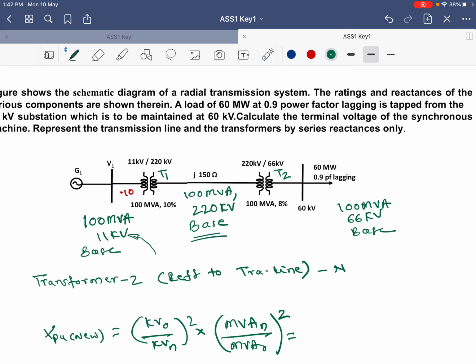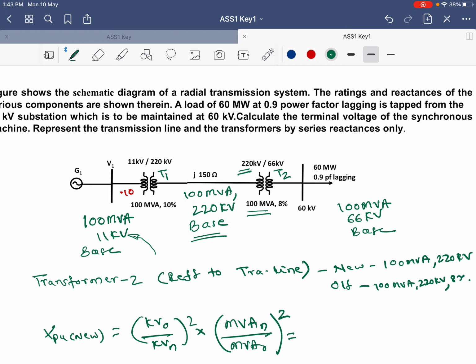New values are 100 MVA, 220 kilovolts. Then the old quantities towards the transmission line side: 220 is the old voltage and MVA is 100. That is, once again it is 100 MVA, 220 kilovolts and it is 8%.